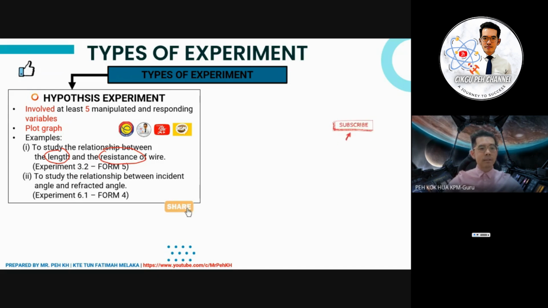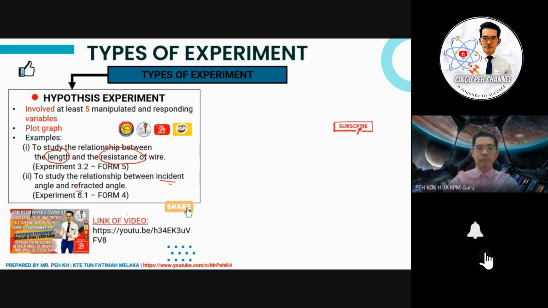And another example is the Form 4 syllabus experiment 6.1 to study the relationship between the incident angle and the reflected angle. So again, this is a sample video where I actually discussed the hypothesis experiment previously.